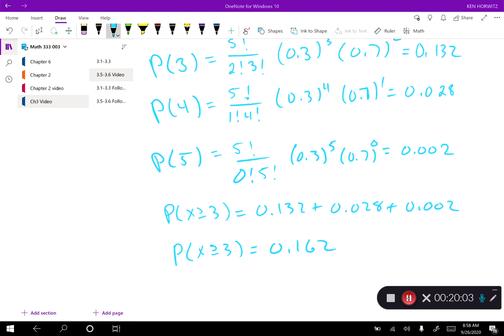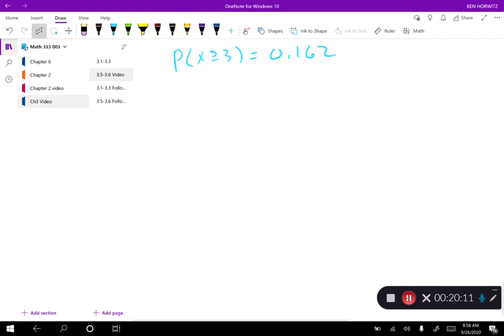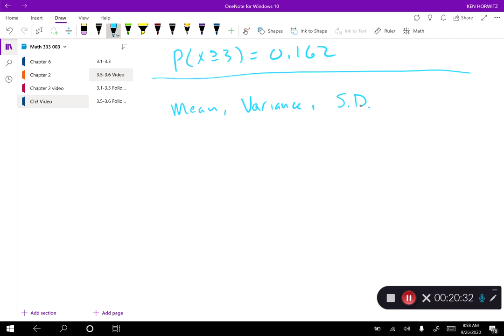As always, we will write a sentence to reflect the context of the problem. All right, but we do also need to know things like how to get the mean, the variance, and the standard deviation of a binomial distribution.